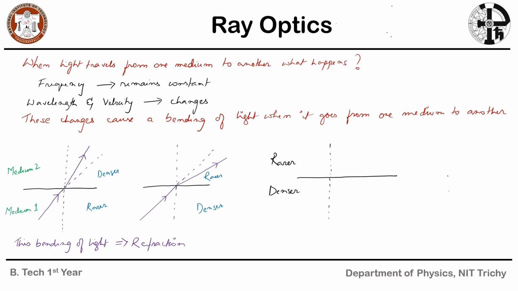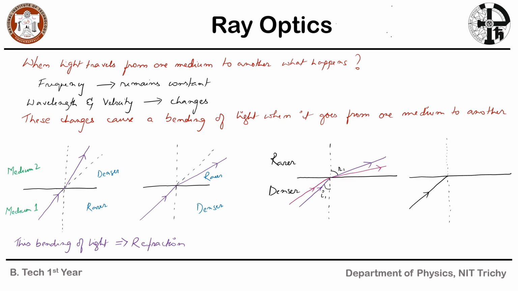Now, if we take the case of light going from a denser to a rarer medium, this angle is known as the angle of incidence and this angle is the angle of refraction. If we increase the angle of incidence, the angle of refraction also increases.